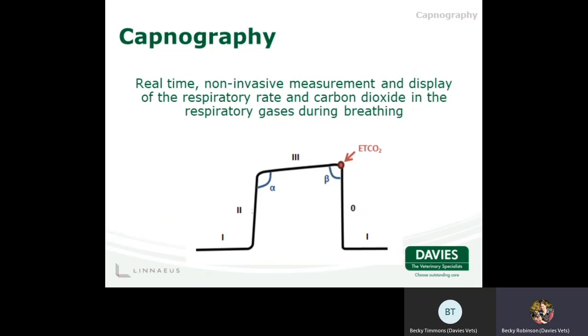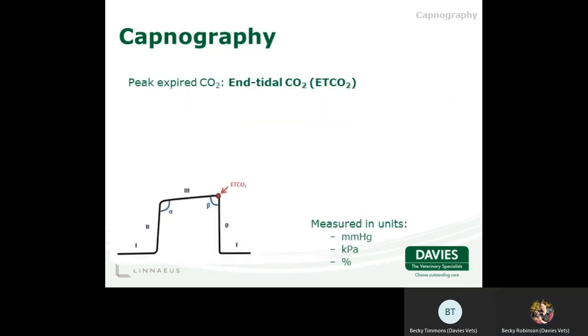And the peak expired carbon dioxide concentration is referred to as the end-tidal carbon dioxide, or the EtCO2, which we can see on this diagram here. And that's an important number to be aware of, and we'll come back to this quite a lot through the talk.